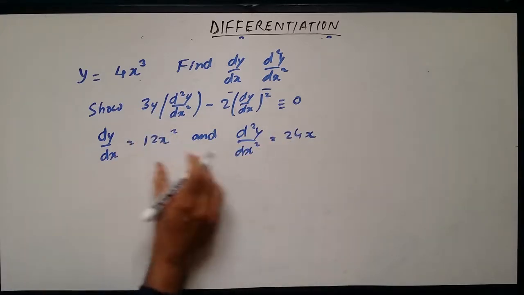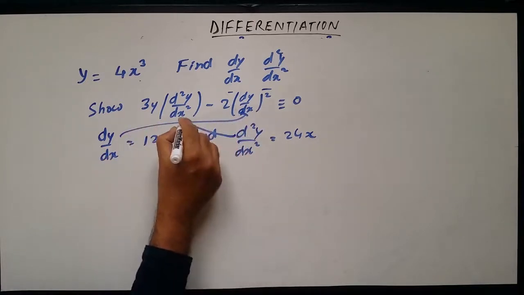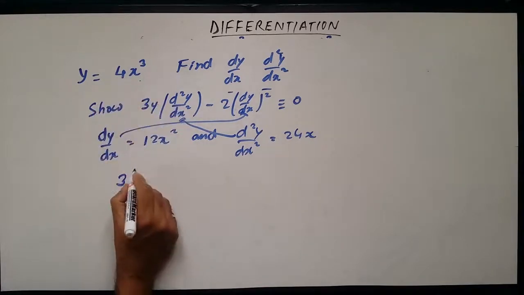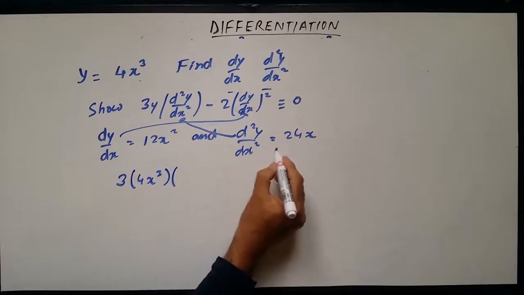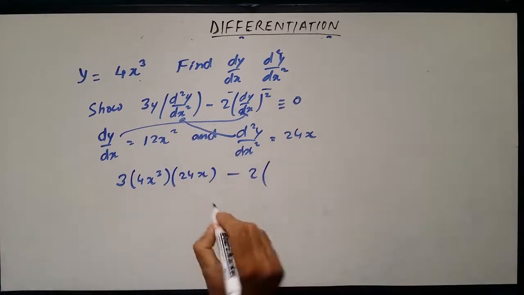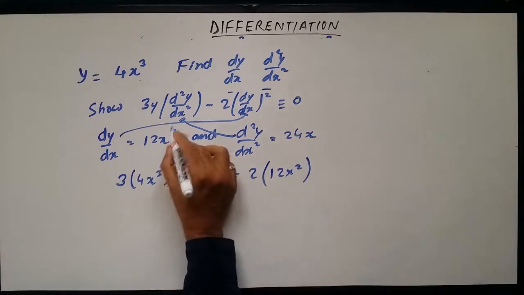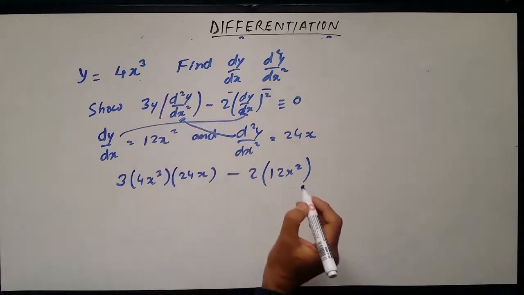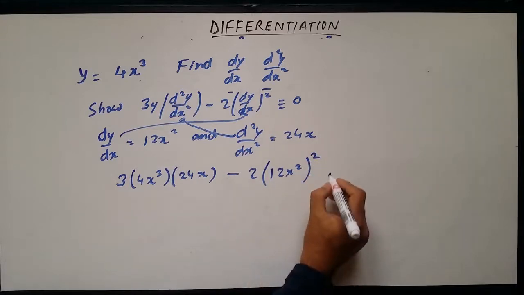So let's put the values of dy by dx and d2y by dx2 into the expression and see. What is the value of y? y is 4x cubed, so we write 3 times 4x cubed multiplied by d2y by dx2, which is 24x, minus 2 into dy by dx, which is 12x squared, whole squared.